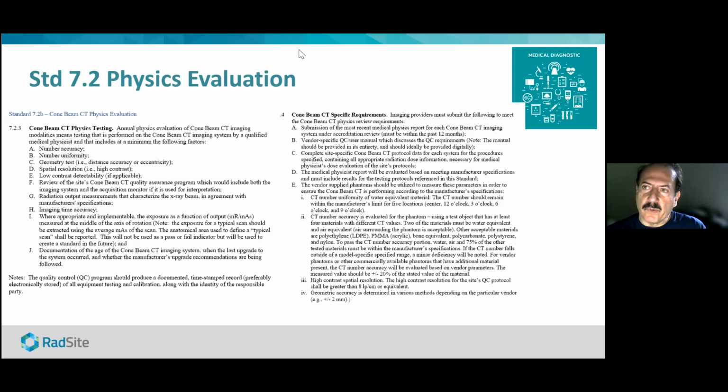Essentially, what we really want to do is make sure the images are clear from the perspective of being able to see fine detail and also being able to make the distinction among different types of tissue values. And so the contrast of the images is really important too. And those are all things that are evaluated according to the manufacturer's specifications, and making sure that one meets the phantom, which is the object that is used by the vendors to determine the quality of the scanning.